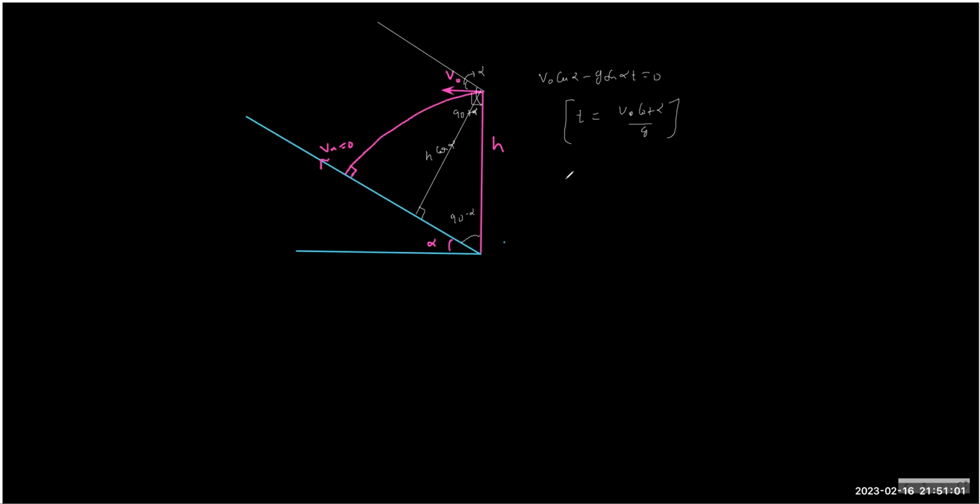To travel h cos alpha, what is your initial velocity in that direction? It is v naught sin alpha. So v naught sin alpha into t, which is downward, plus half g cos alpha into t square equals h cos alpha. My bad, g cos. Now it is done. You can substitute t here, and you get the answer. This is one way of solving.